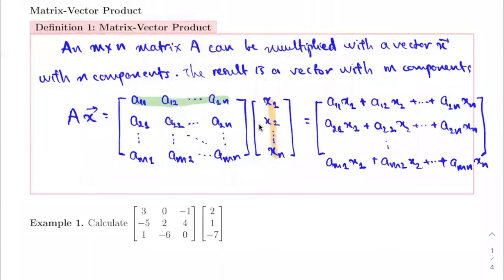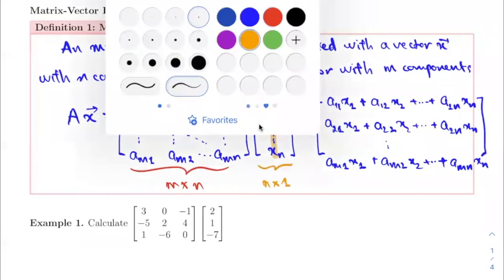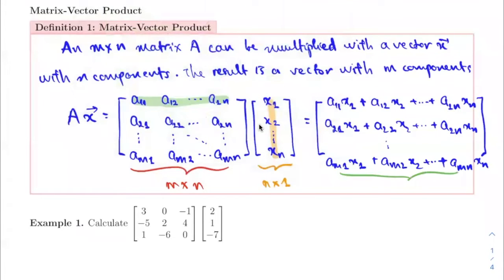And again, because this is an M by N matrix acting on a column vector whose dimension is N by 1, the resulting vector should be an M by 1 vector, and therefore you have M rows or M components.